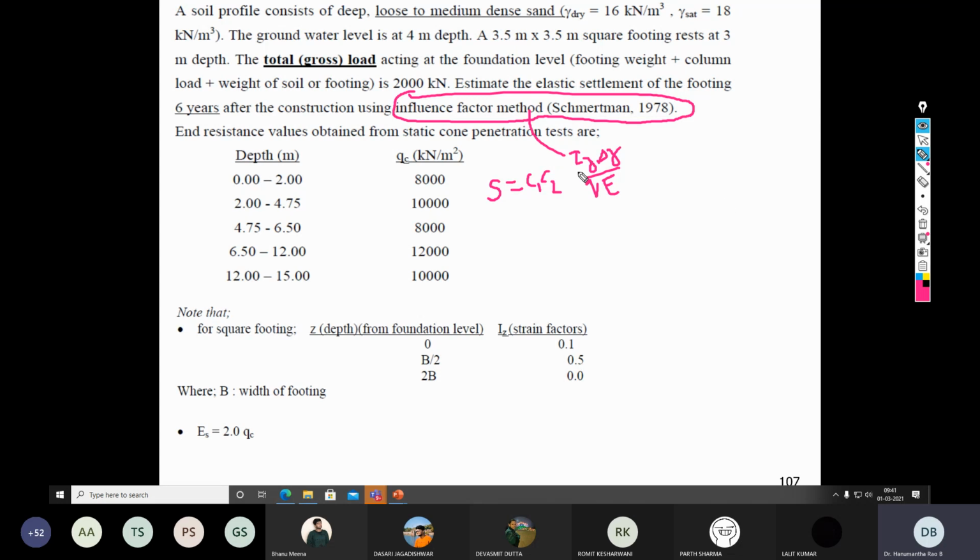Okay, let's see. Don't write this equation. This is just the form of the equation.